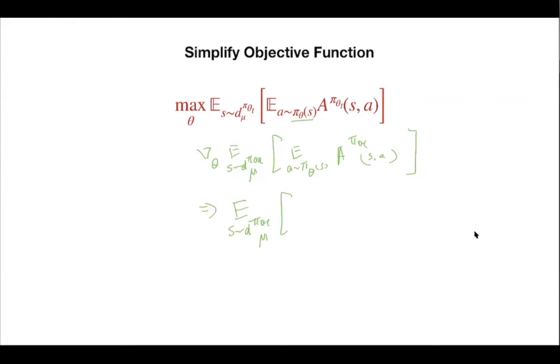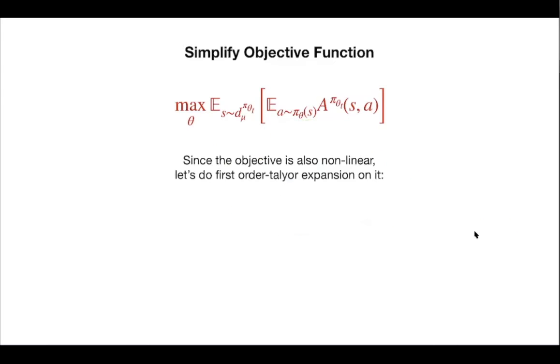Correct. So do one step of importance weighting, and use the chain rule. So this is nothing but the policy gradient. This is the advantage-based policy gradient formulation that we talked about in the previous lecture.